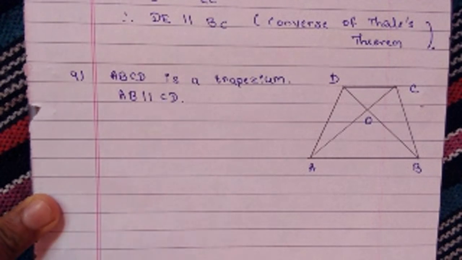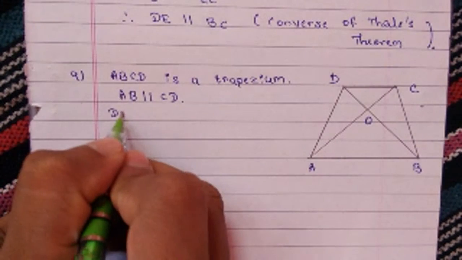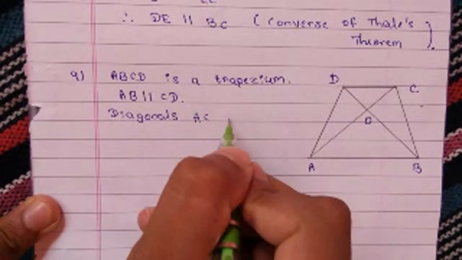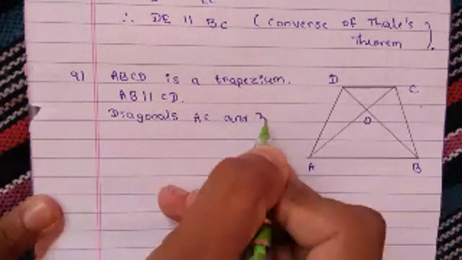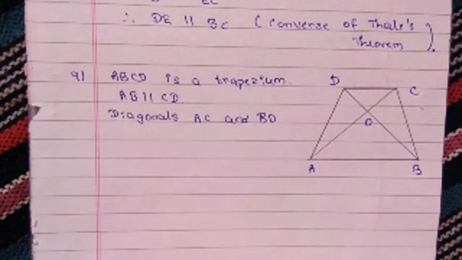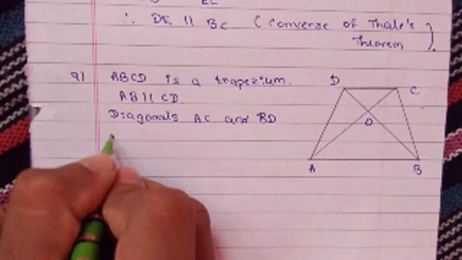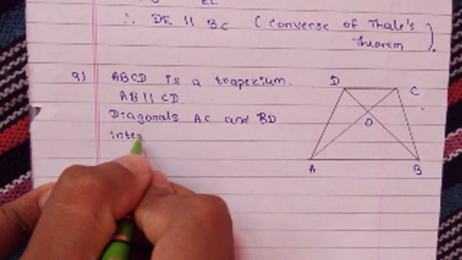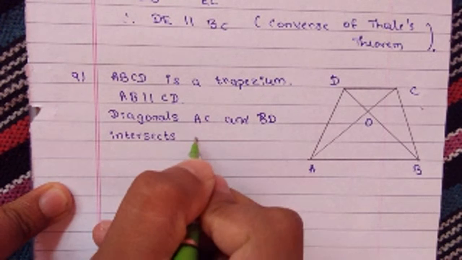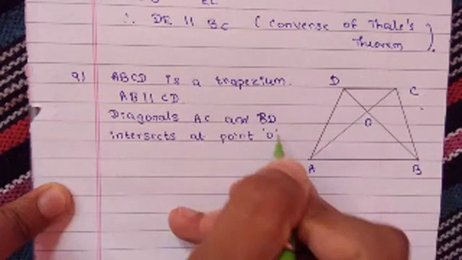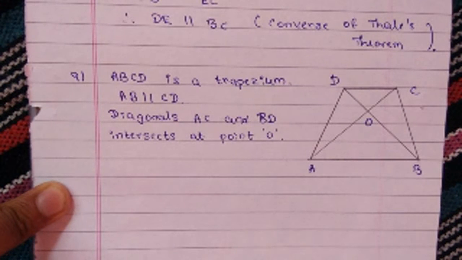And also diagonals AC and BD intersect each other at point O.